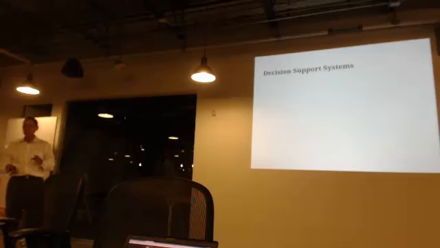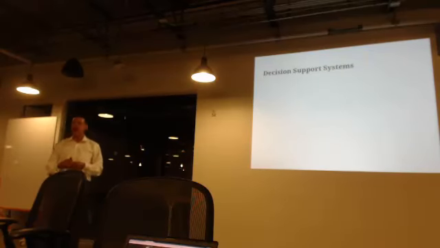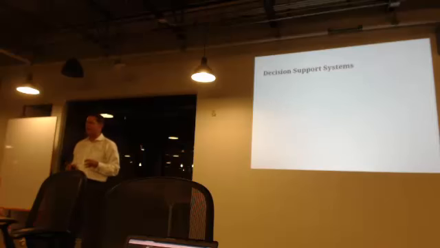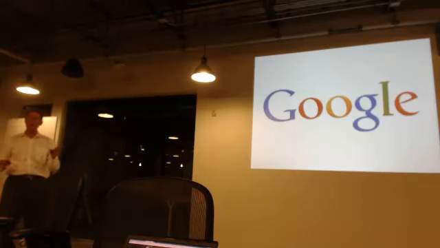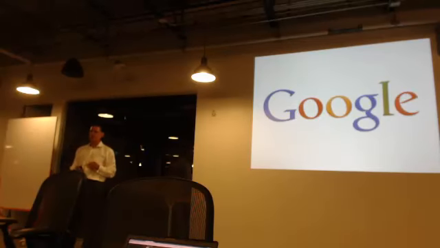So decision support systems, and I've been involved with this pretty seriously now for about a year, and I think that this is going to revolutionize business and government. So Google is one of the leaders in decision support systems. Google has so much data to play around with.